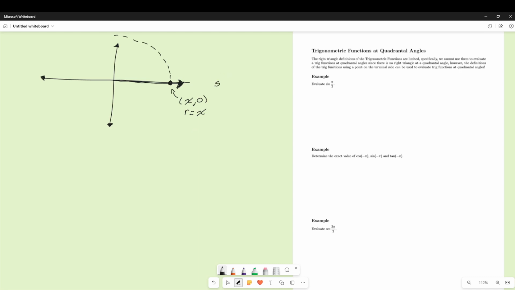So if we want to find the sine of that 0 radians, or degrees, it's y over r, 0 over any value on this positive x-axis. Again, this is for x greater than 0, because it's got to have some actual radius. That's going to be 0 no matter what that point is.